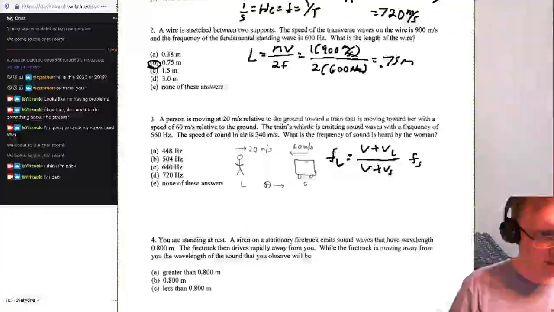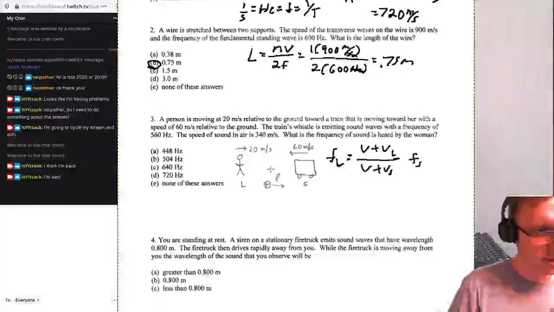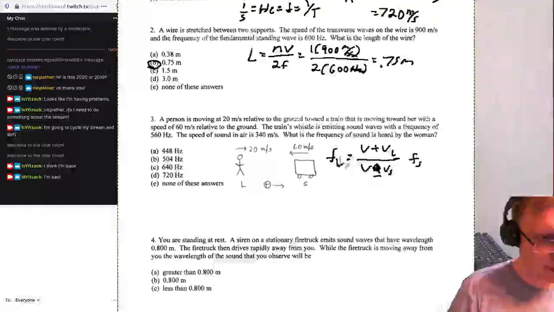Check that the plus and minuses make sense. If the listener is approaching the source, we expect it to go higher, so plus makes that happen. If the source is approaching the listener, the frequency should also go higher, so this needs to be a minus.